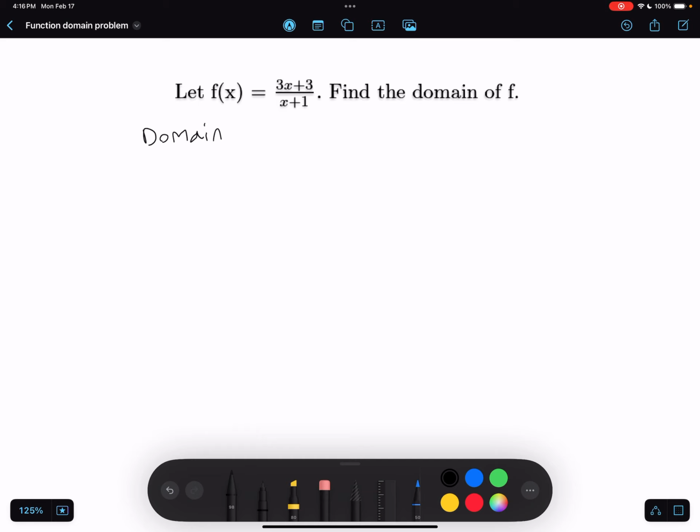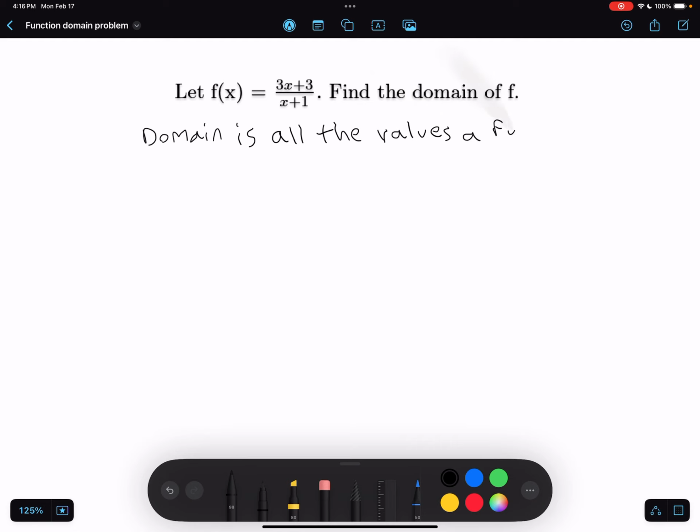For example, with a fractional function like this, you couldn't have the denominator equal to 0, because then the fraction itself would be undefined. So the domain, in all cases, is all the values the function can input and produce an output.